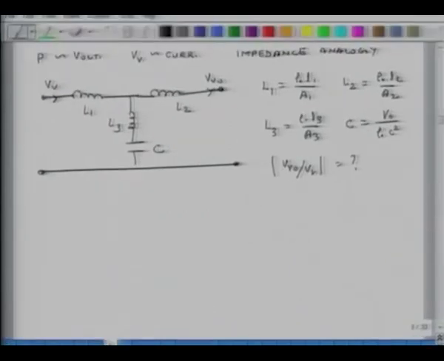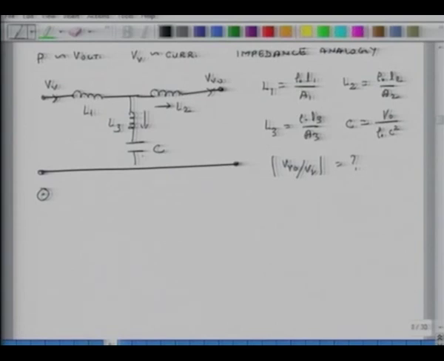Okay. So at a very subjective level, when the frequencies are very low, how will Vv get split along these two paths? Vv will split at this junction. Some of it will go through L2, some of it will go through L3. But when frequencies are very low, what do you think will be the magnitude of current going through this circuit, the L3 C branch?